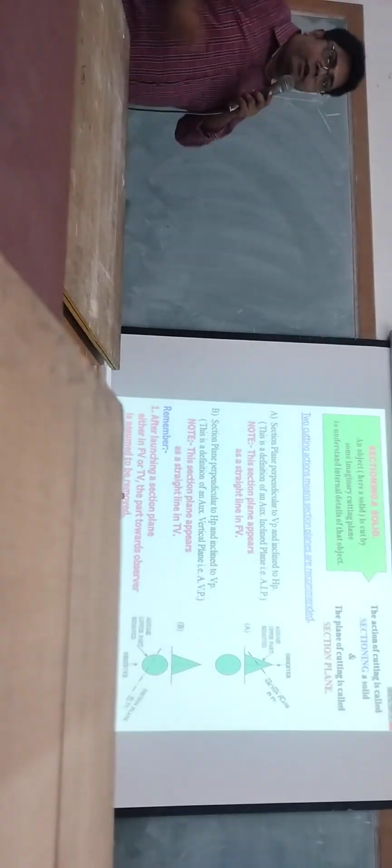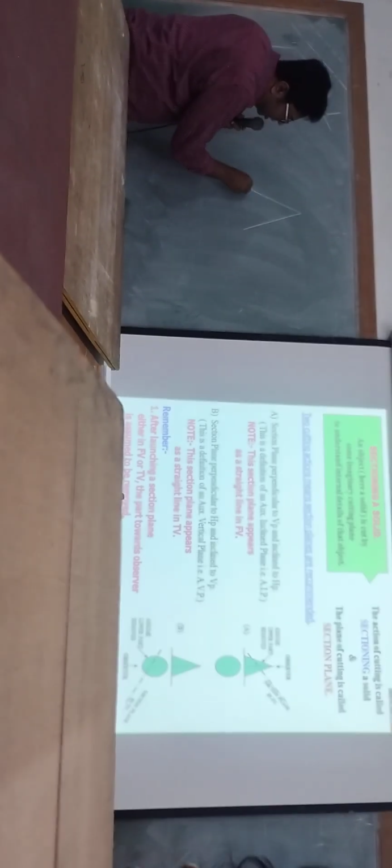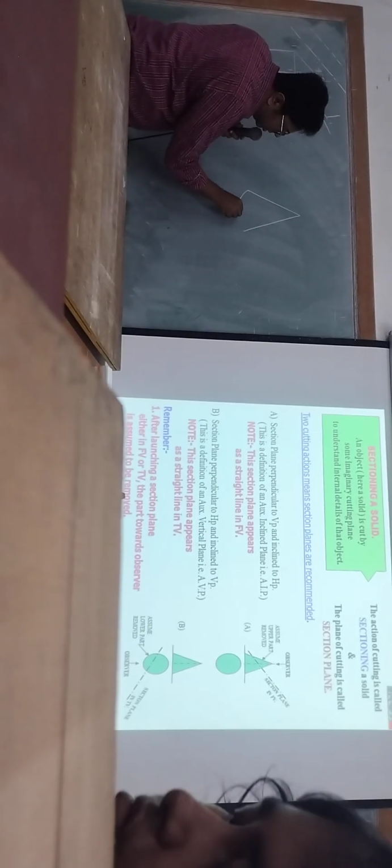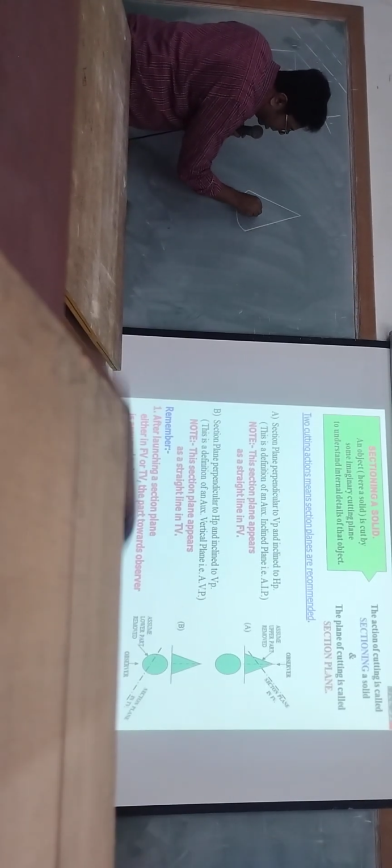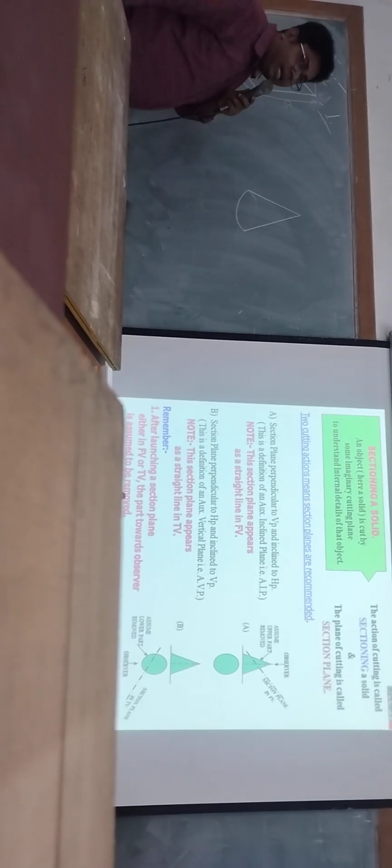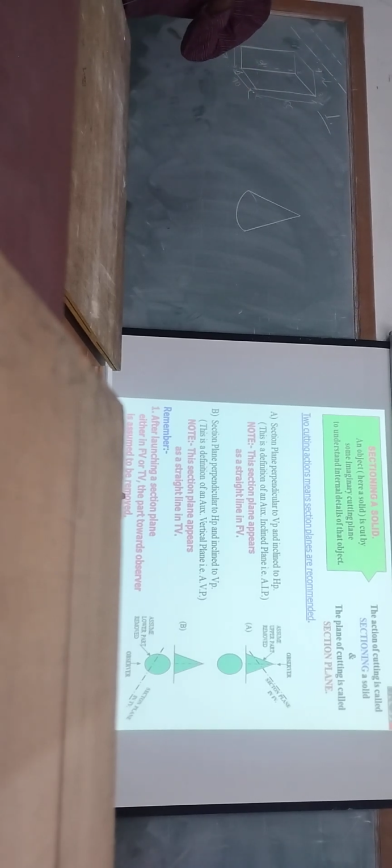So simply try to understand. First, tell me the name of the object. What is this? It is the right circular cone.